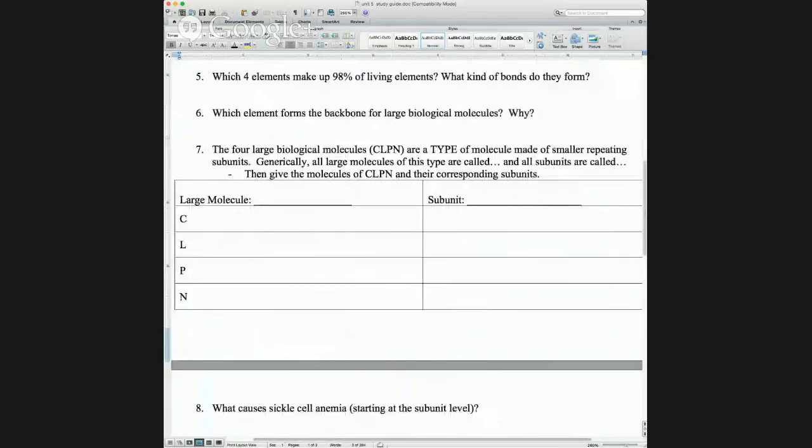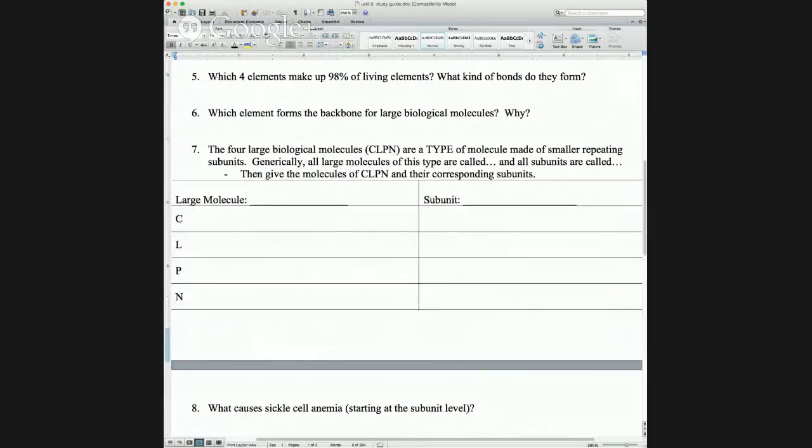All right. The 4 biological molecules. So I talked a little bit about this briefly at the beginning. This is biology. It's the last page of your notes.